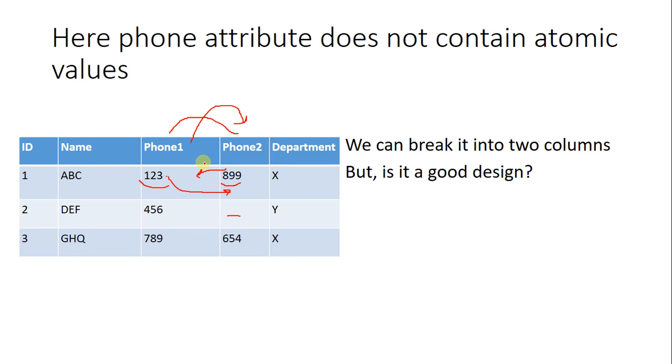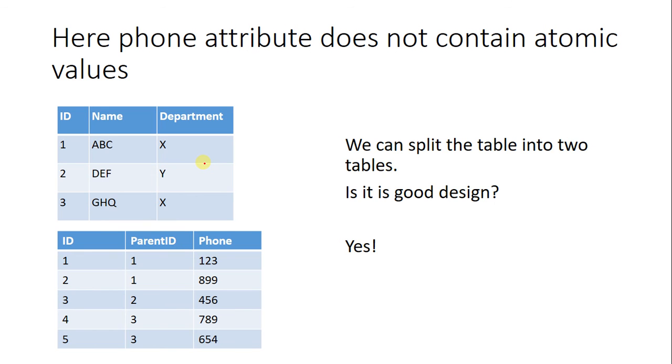A third approach, which is a little better design: here we split the original table and we get a child table, and all those values which are repeating in some column are sent to the child table. Phone number was repeating in the parent table, so we send it to the child table here.